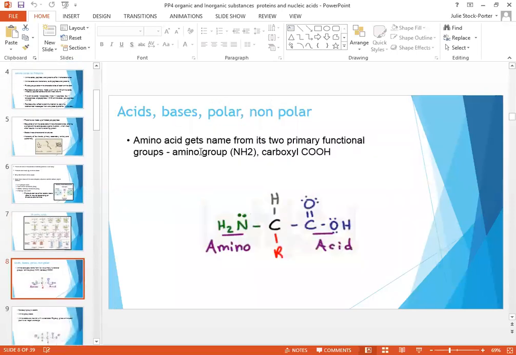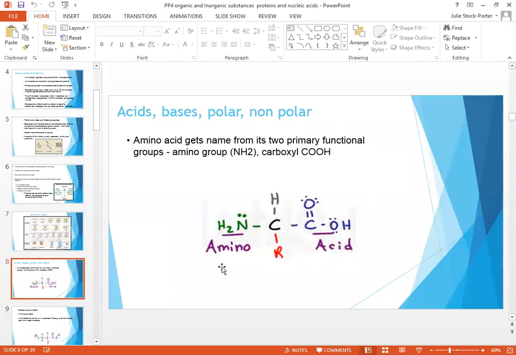An amino acid gets its name from two primary functional groups, the amine group and the carboxyl group. Here's our amine group again, our hydrogen, our carboxyl group is over here, and here's our R group. The amine group is called amino, and this group right here is actually an acid.